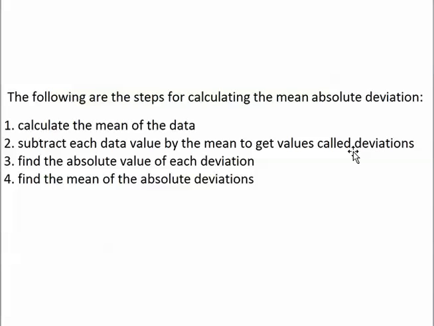Also, any value that's above the mean will have a positive deviation, because the mean is 60 and one of the values inside of the data set is 64. When you subtract 60 from 64, you get a deviation of +4. So deviations can come out to positive or negative numbers. When you get the absolute value of the deviation, you just take the number and ignore the sign.